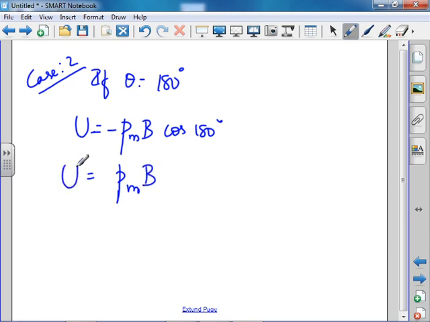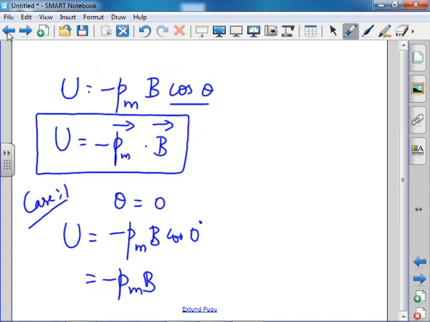So from these two results, what do you understand? The potential energy of a Bohr magnet is minimum when it is aligned along the external magnetic field. In the previous case, here theta is equal to 0 means the Bohr magnet is aligned along with the magnetic field. Therefore, theta is equal to 0.